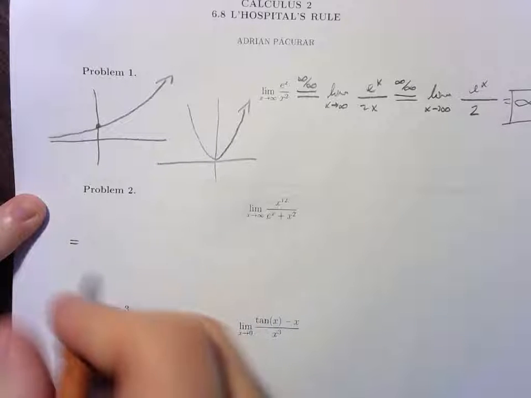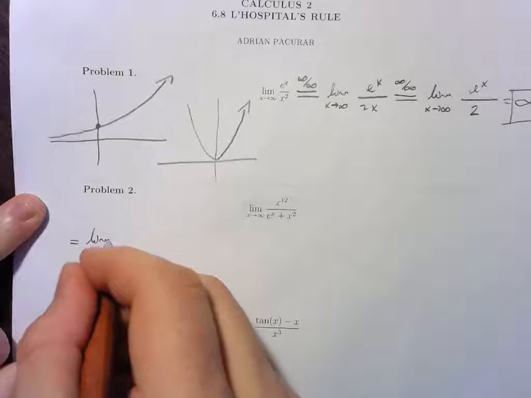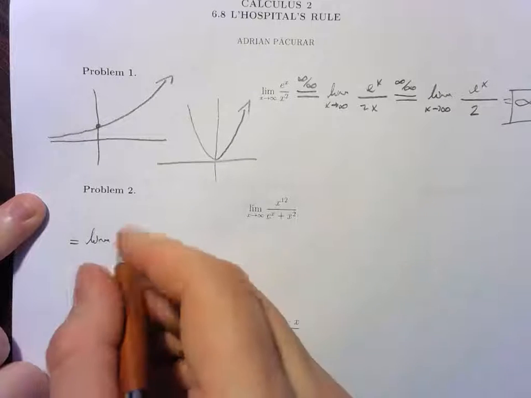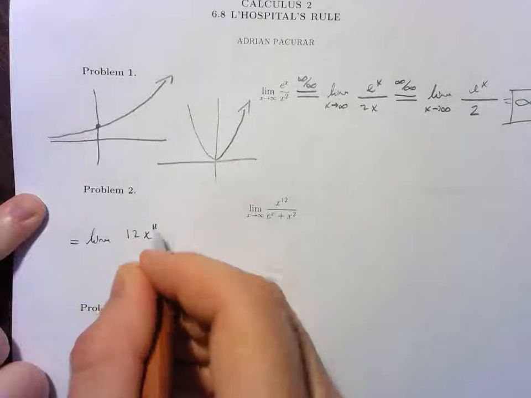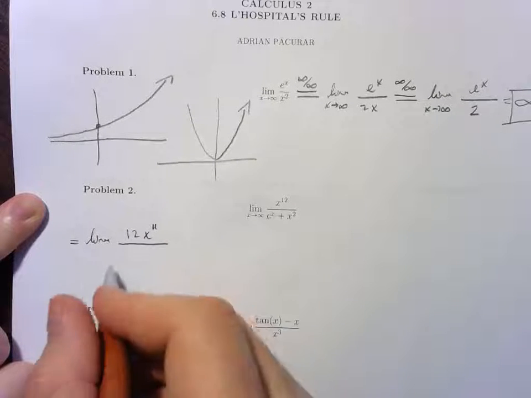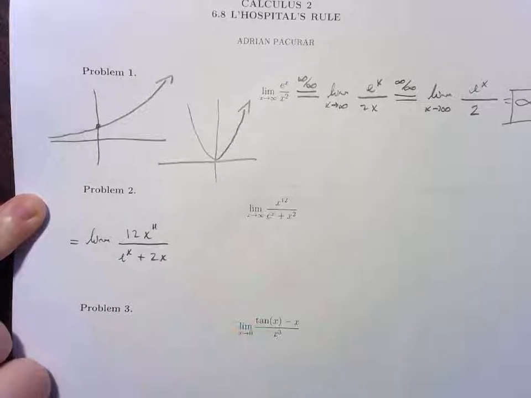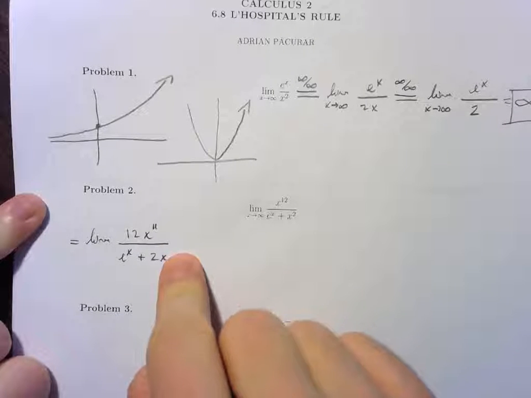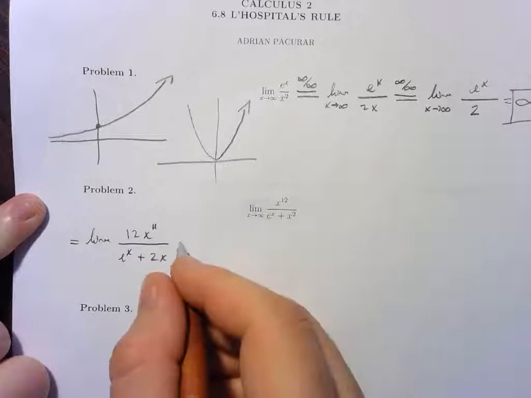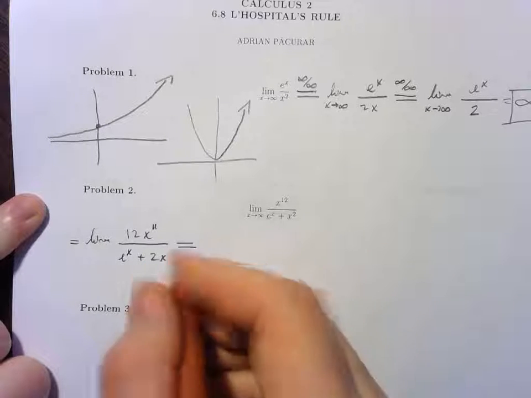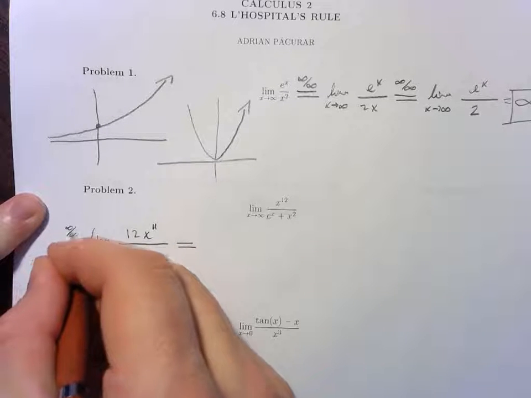So this whole thing is now equal to the limit, take the derivative on top, so that's 12x to the 11th, over, take the derivative on the bottom, that's e to the x plus 2x. And the same thing happens again. Both the numerator and denominator go to infinity, so I apply L'Hopital's one more time.